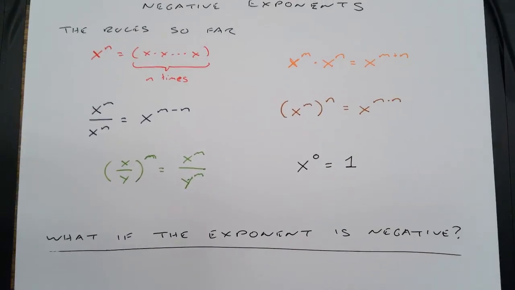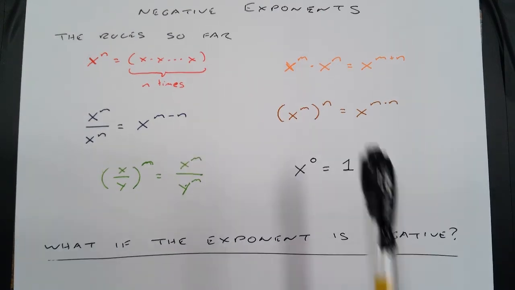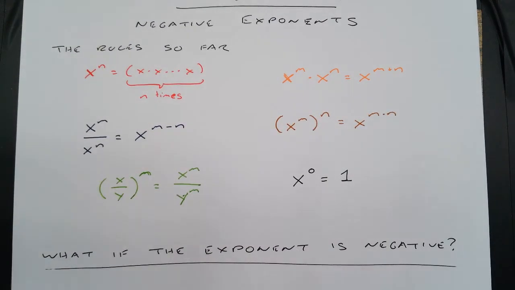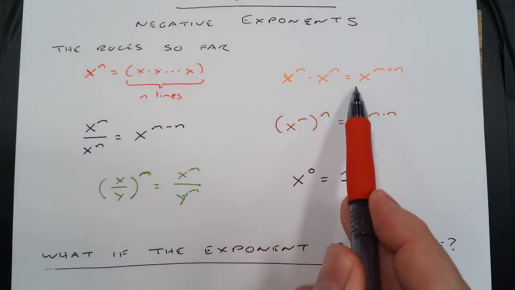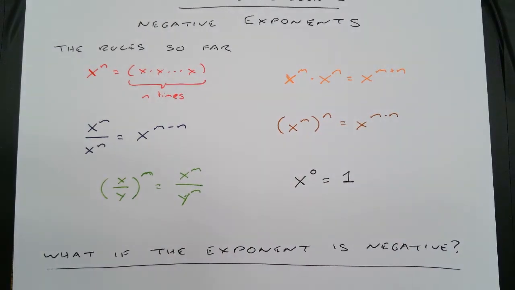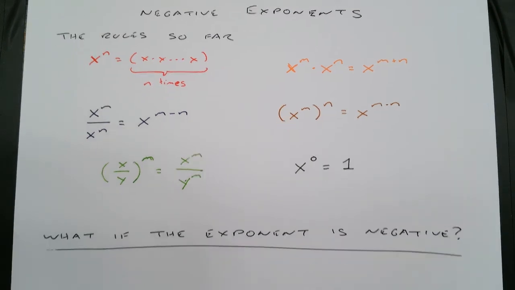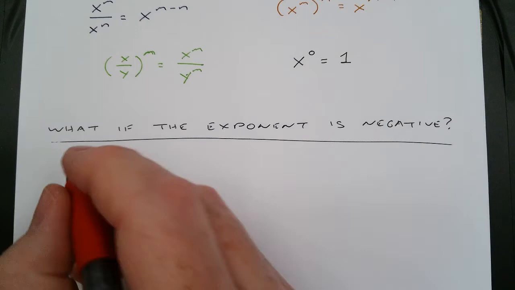Well, let's try this. Let's use a negative exponent in one of these rules to see what happens. Specifically, I want to use the first kind of rule we learned, multiplying bases. I'm going to put a negative exponent in that rule, kind of like a little experiment.